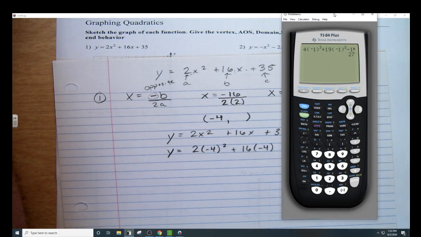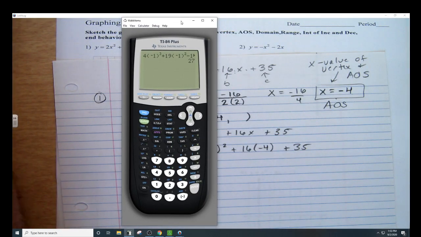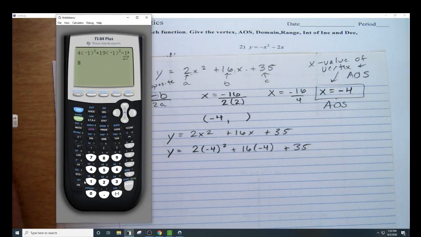All right. So that's going to be 2 times -4 squared plus 16 times -4 plus 35. Enter.